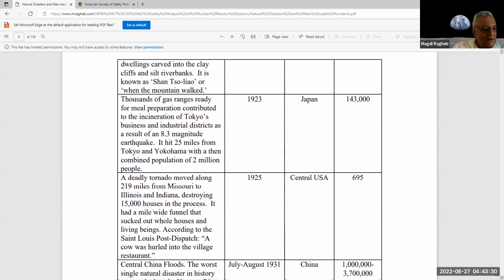I'm going to go a little fast here. A deadly tornado moved from Missouri to Illinois. Actually, it passed southwest of Champaign-Urbana, the city of, let me see, I think it's Sadorus, yeah.